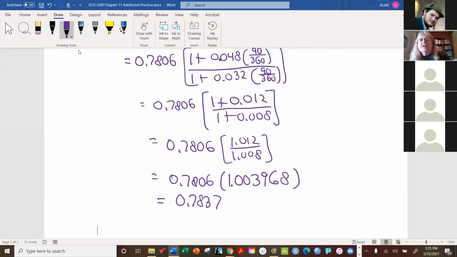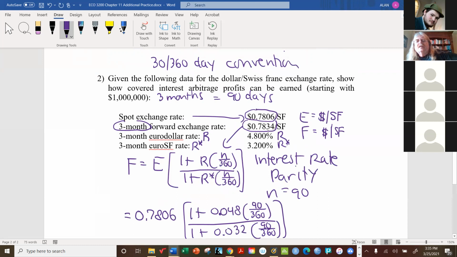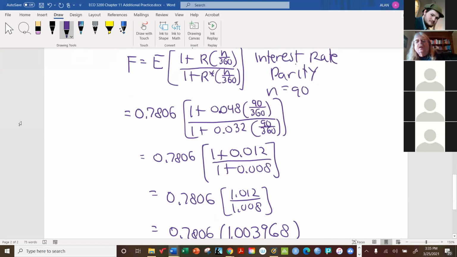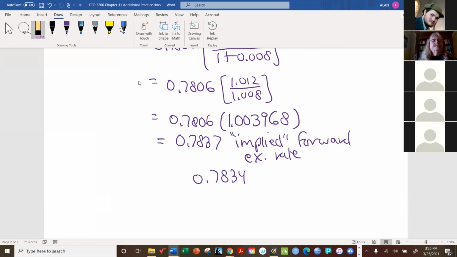Now, how does that compare to the number we were actually given? Oh, bad news. They gave us a quote of 7834. So this is the implied, we call it implied forward exchange rate. But the actual quote is here.